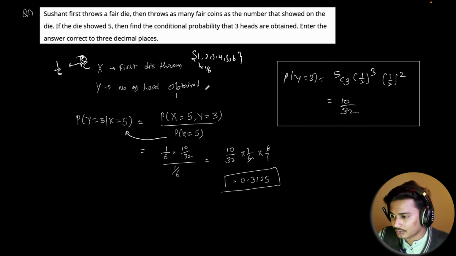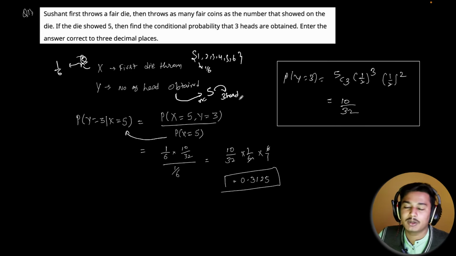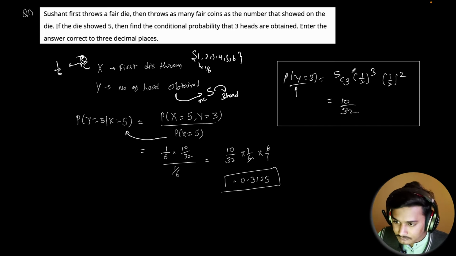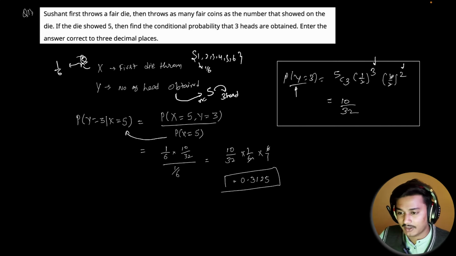We are throwing how many? We have N equals 5, and we want the probability of getting 3 heads. Out of 5 we want 3, so it is nothing but binomial. So P of Y equals 3 is 5C3 times 1 by 2 raised to power 3 and 1 by 2 raised to power 5 minus 3, that is 2.